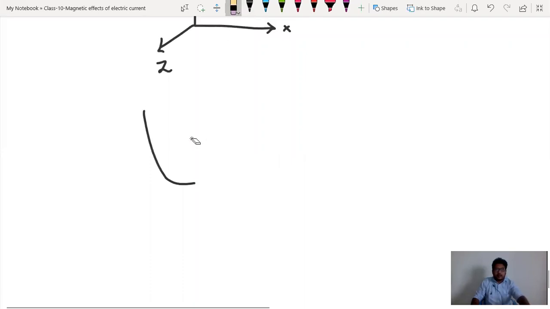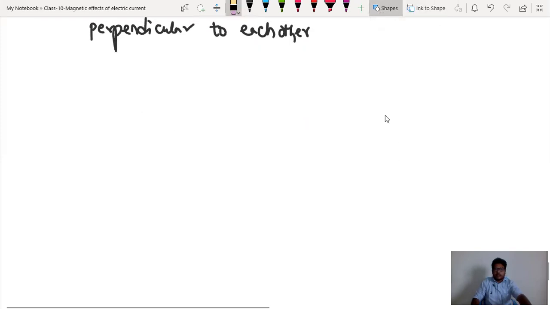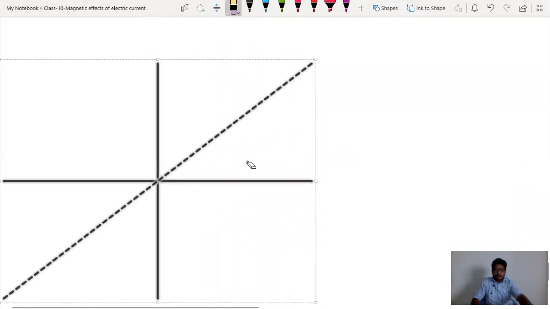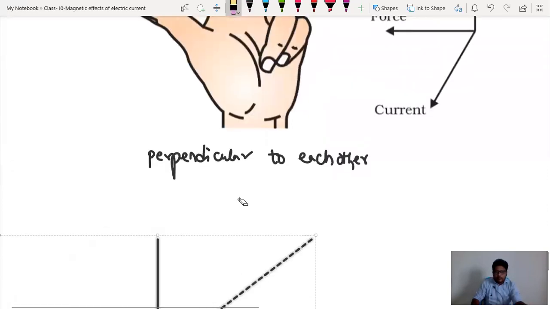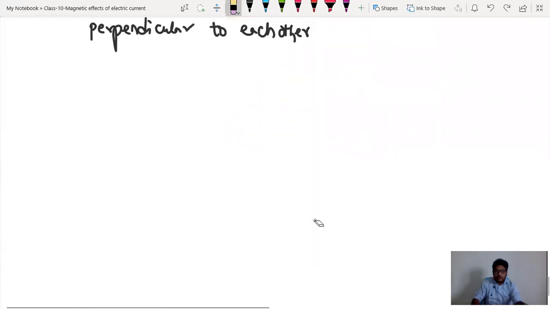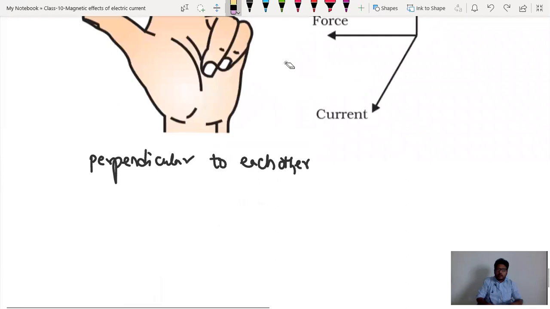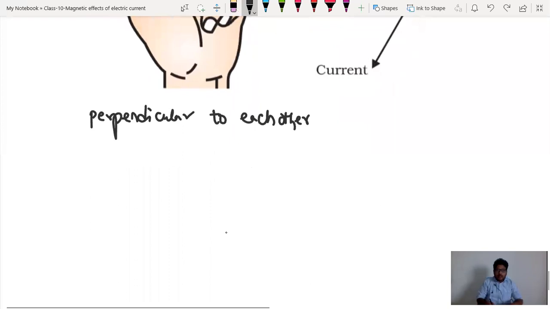It will be easy for you to analyze. Perpendicular to each other means one finger should have an angle of 90 degrees with another finger, and this should have 90 degrees with another, and this should have 90 degrees with another.